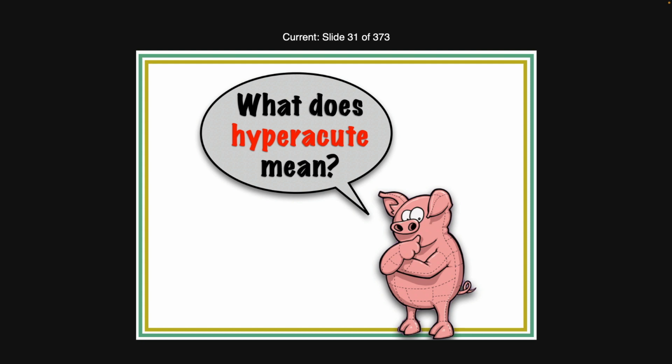By the way, you're in such good company. 9 out of 10 people would say very large, because that's what we think. So hyper, of course, means big, but what does acute mean? Means now, means soon. So it's like hyper now. It's like early sign. Another way to say it is the very early signs. Hyper early. That's what hyperacute means.